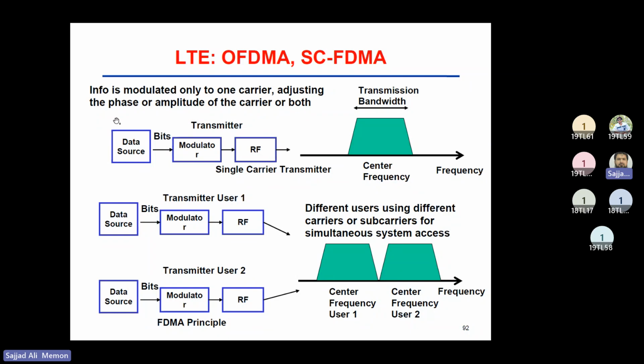Then we have LTE OFDMA and SC-FDMA. Information is modulated onto one carrier, adjusting the phase or amplitude of the carrier or both. So transmission bandwidth, that is center frequency. The difference between OFDMA and single carrier FDMA is that one is a multi-carrier access scheme and one is a single carrier frequency division multiple access scheme.